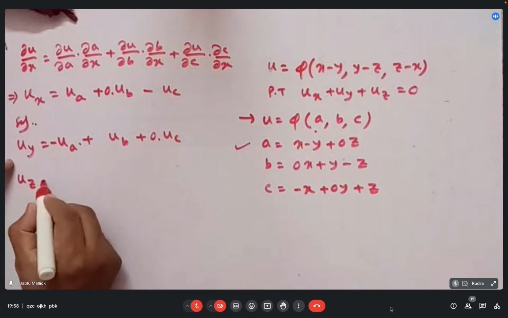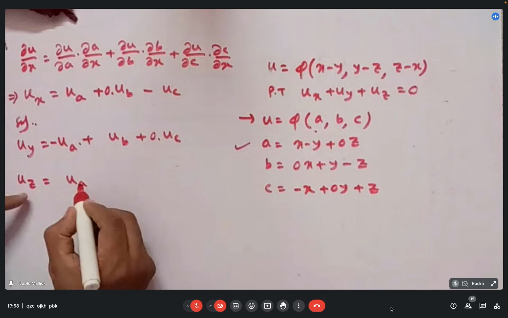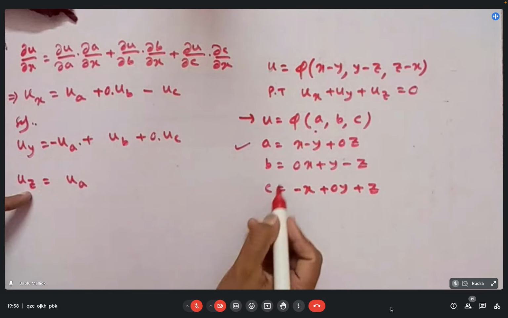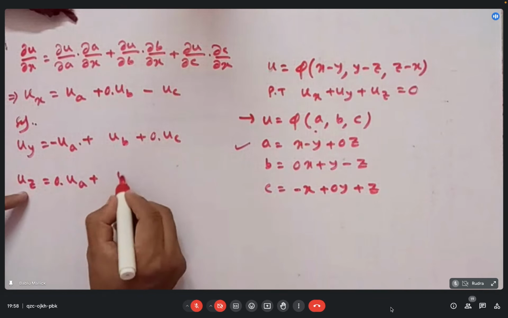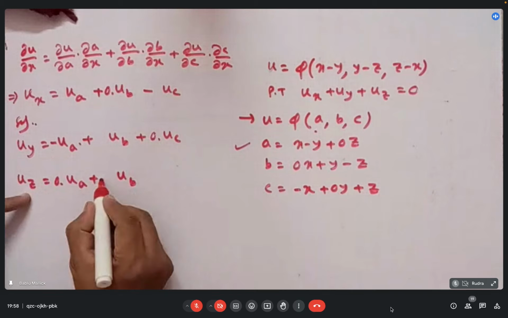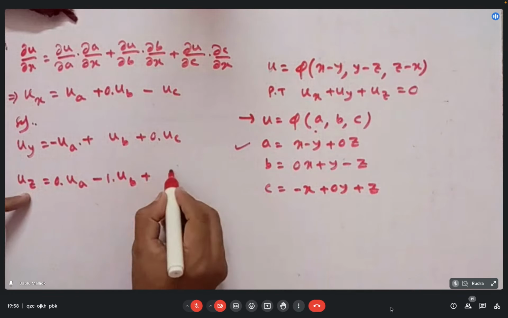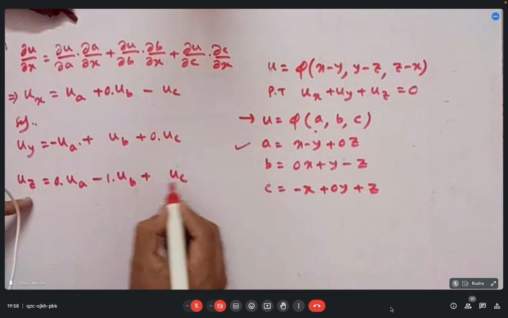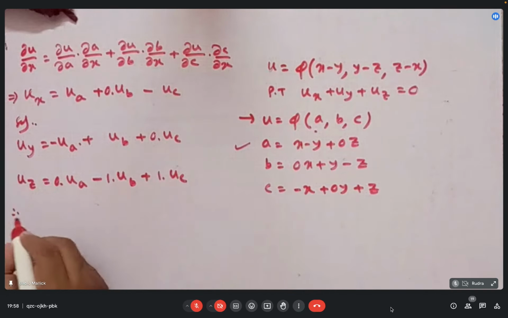And del u del z is del u del a into del a del z, which is 0, plus del u del b into del b del z, which is minus 1, plus del u del c into del c del z, which is 1.